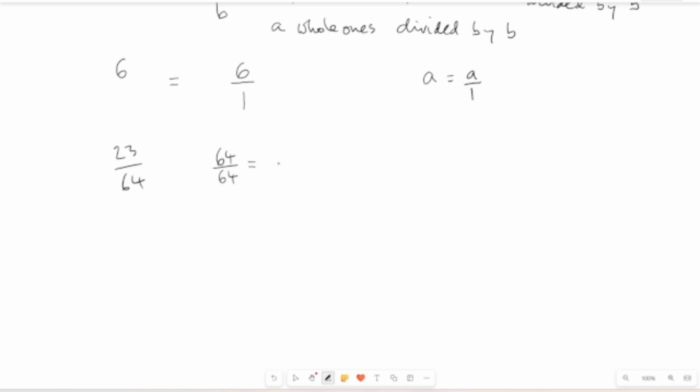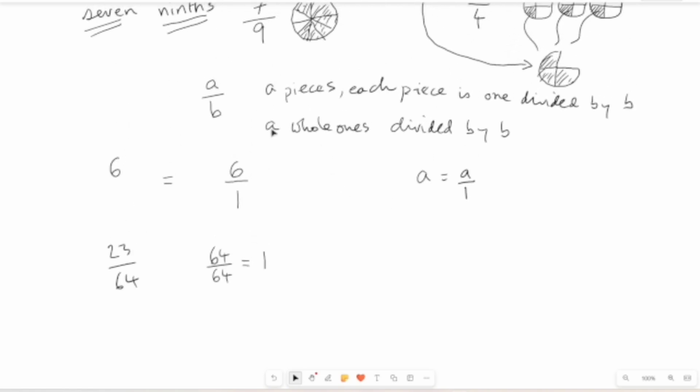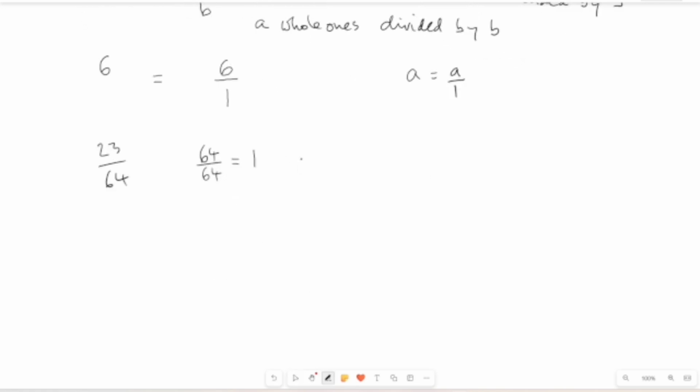So 64 over 64, and remember, if we do the division, here A over B is A whole ones divided by B, we can think of this as 64 whole ones divided by 64, and that of course goes once. And of course that's the same for any number like 17 17ths. That's also equal to 1.